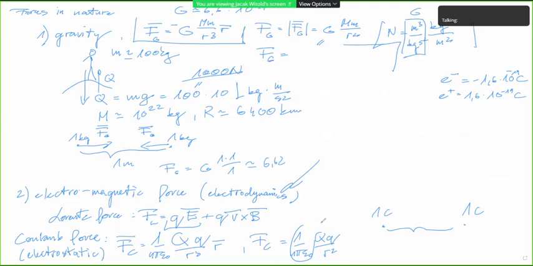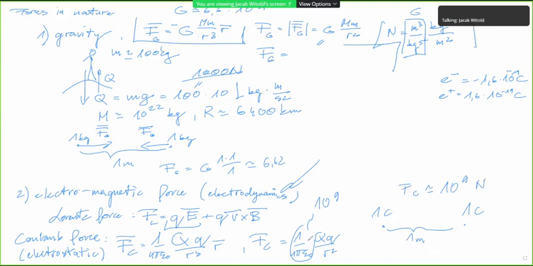But since epsilon 0 is in the denominator, eventually this constant will be around 10 to 9. So it's pretty significant, large. And 1 Coulomb multiplied by 1 Coulomb over 1 meter squared will be 1. So the Coulomb force will be of the magnitude of about 10 to 9 newtons.